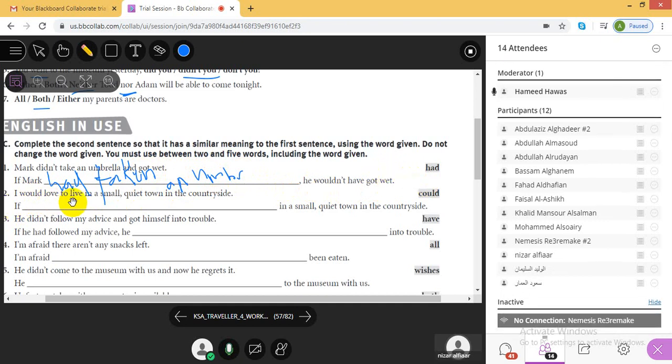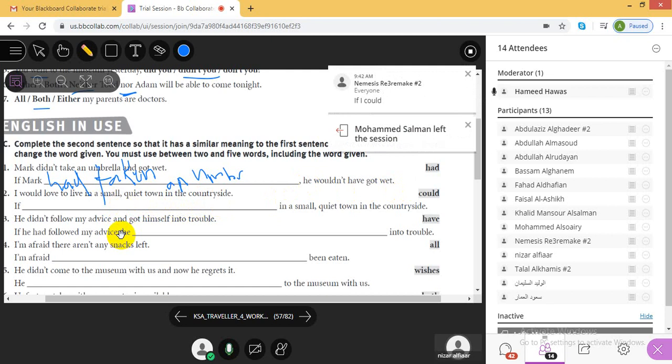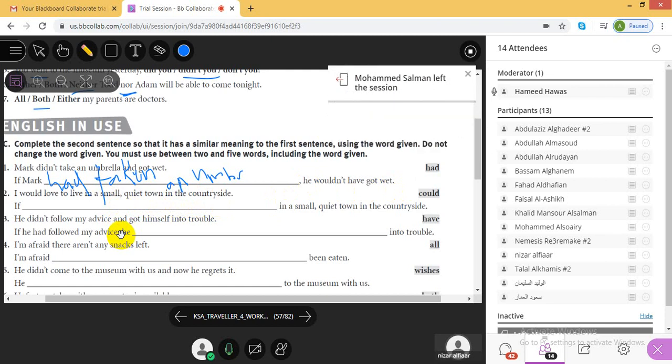I'd love to live in a small, quiet town in the countryside. Now, he would love to, so he doesn't live there now. Yes, very good, Mr. Nemesis. He doesn't live there, but he wishes, he would like to do that action.